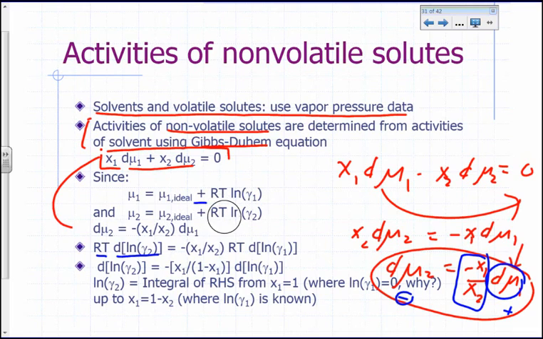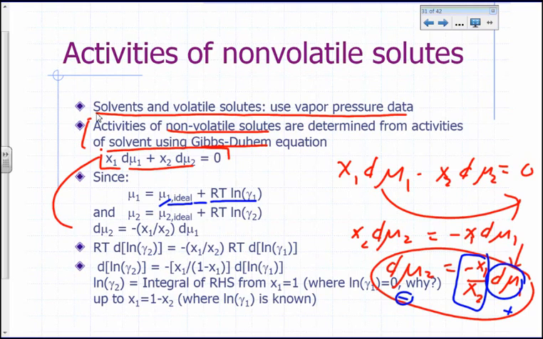And the right-hand side of this equation is negative x1 over x2 times d mu 1, which is the derivative of a constant, which is 0, plus the derivative of RT ln gamma 1, so you'll have RT times the differential of ln gamma 1.